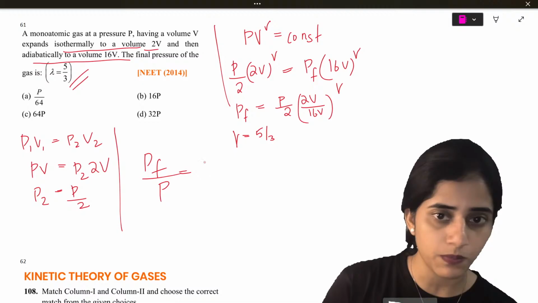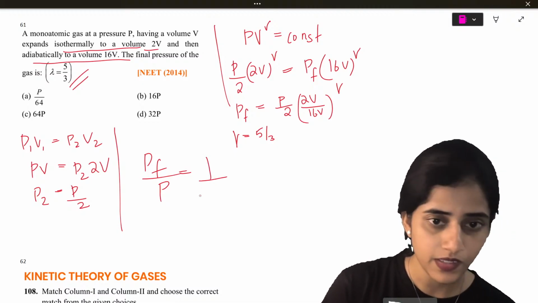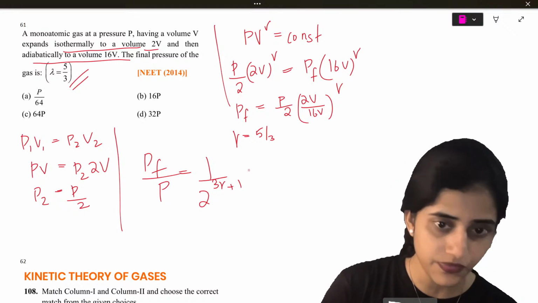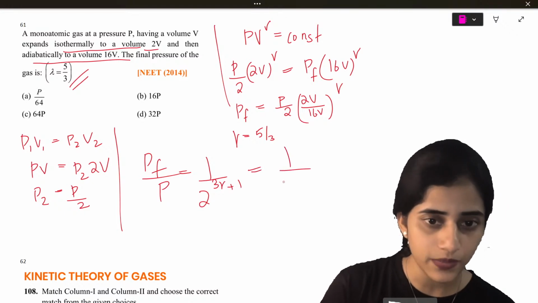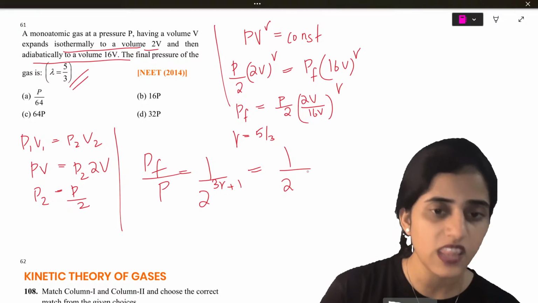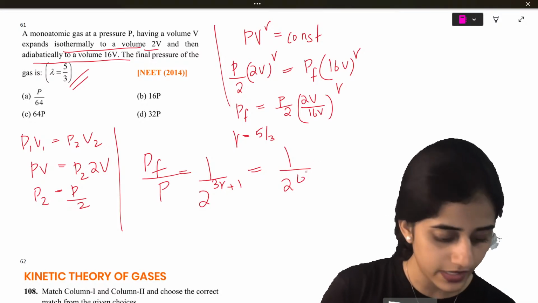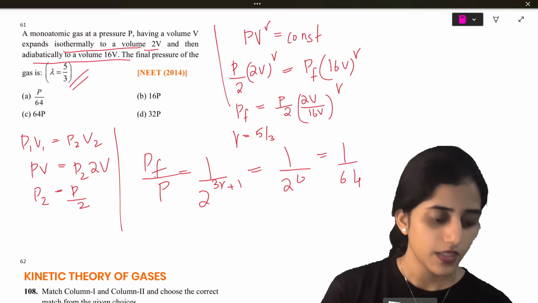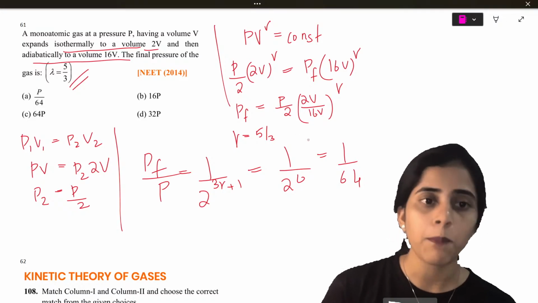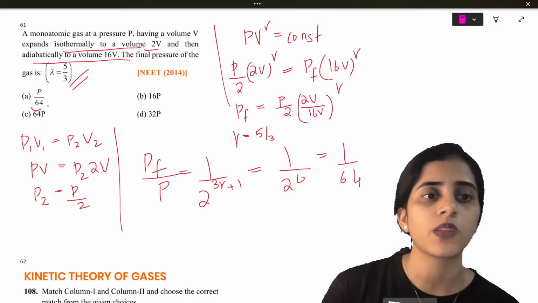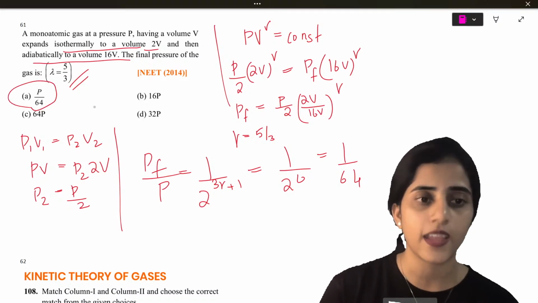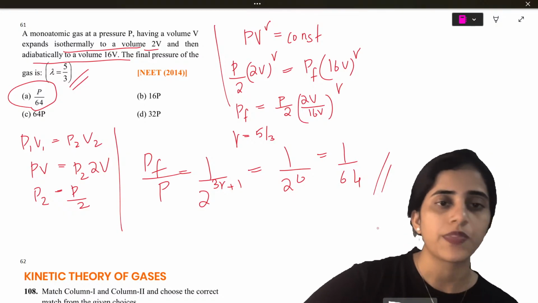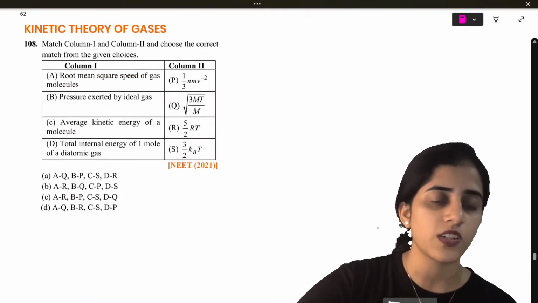PF by P would be 1 by 2 times 3 gamma plus 1, which is 1 by 2 times 3, it would be 6, which is 1 by 64. So PF will be P by 64, which is option A. Okay? Let's quickly move on to the next question.